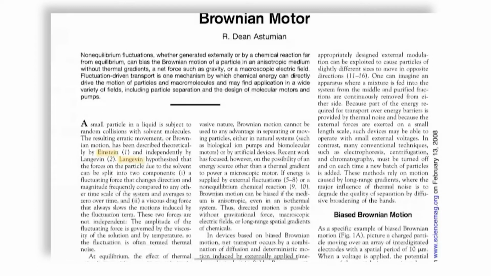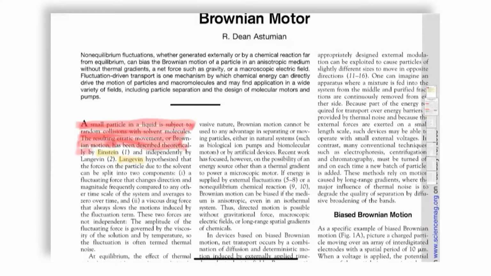So, as you probably should remember, the idea of a Brownian motor is in a way contrary to the idea of Brownian motion itself. And this is what is illustrated here with the idea that a small particle in a liquid is subjected to random collisions with solvent molecules, resulting in erratic motion or Brownian motion, has been described theoretically.